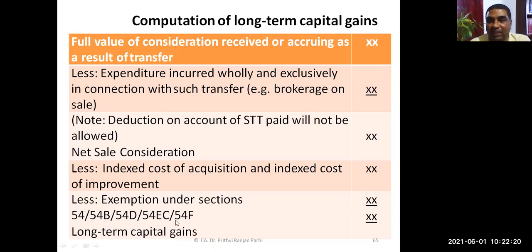Okay, if assessee is eligible, he can avail this exemption, otherwise not. And the balance money will be chargeable to capital gain tax, and that is long-term capital gain tax. Just have a look. I think you are able to understand this. Okay, are you getting it?